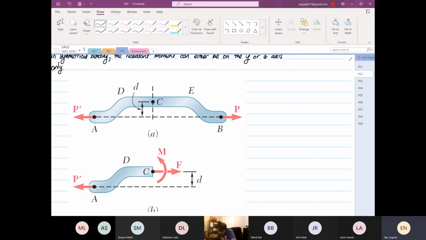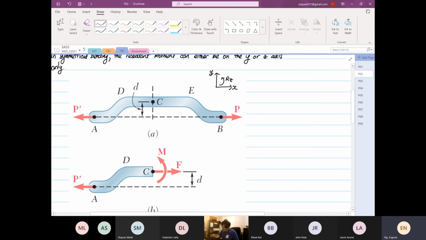So what we have is, I'll draw the transformation. This is our x. This is our y, and this is rotation about z.